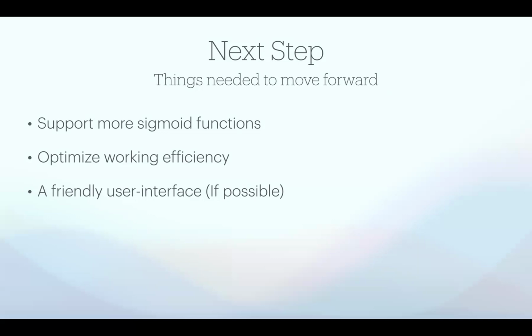Working efficiency can also help scholars save a lot of time on data processing. And then if possible, we're going to develop a friendly user interface. Right now, it is just an API. What you do is just tune some parameters, and we want to make it more straightforward.